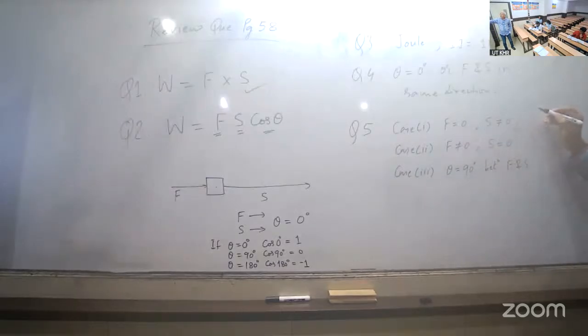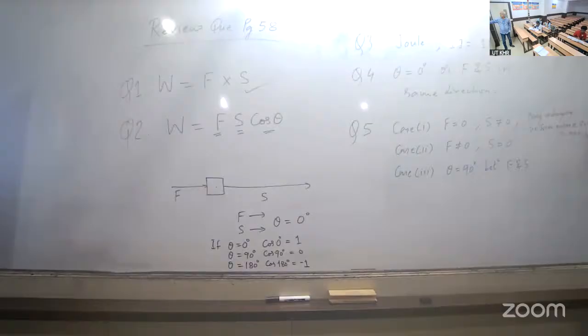Body undergoing uniform motion means V is constant, so acceleration is 0.